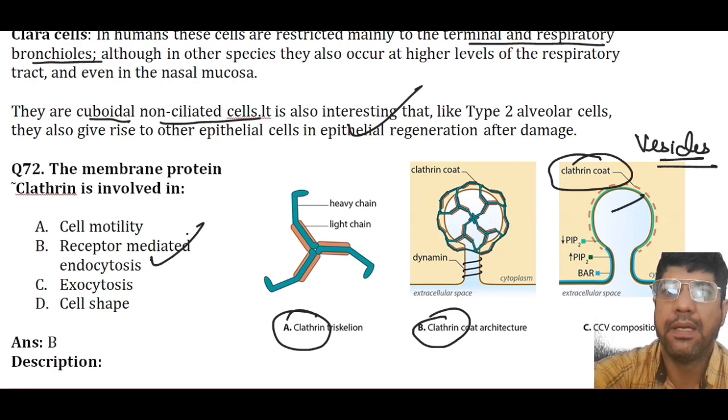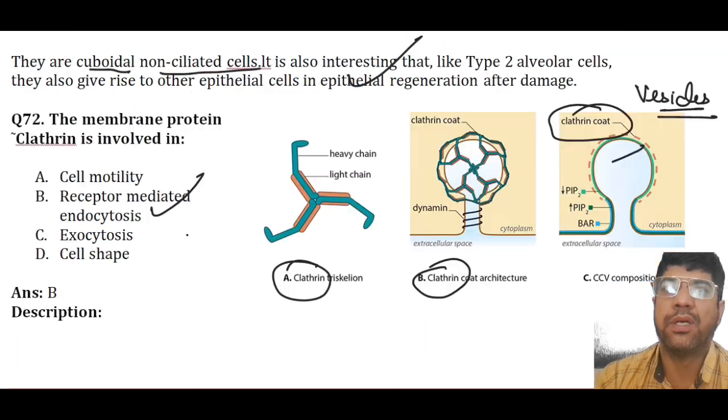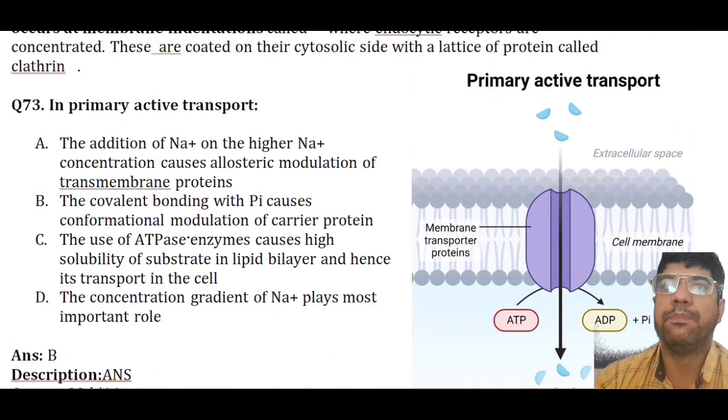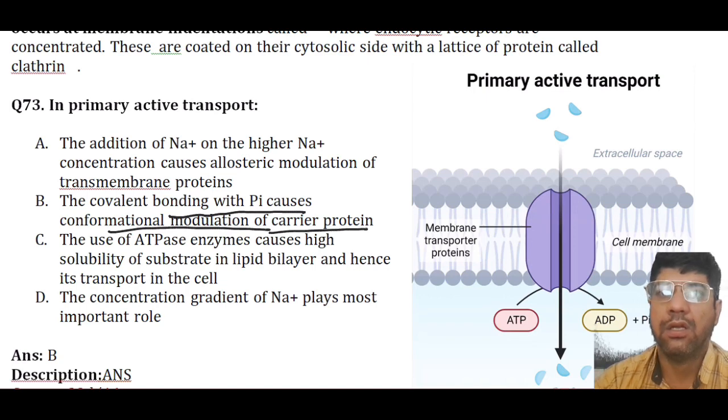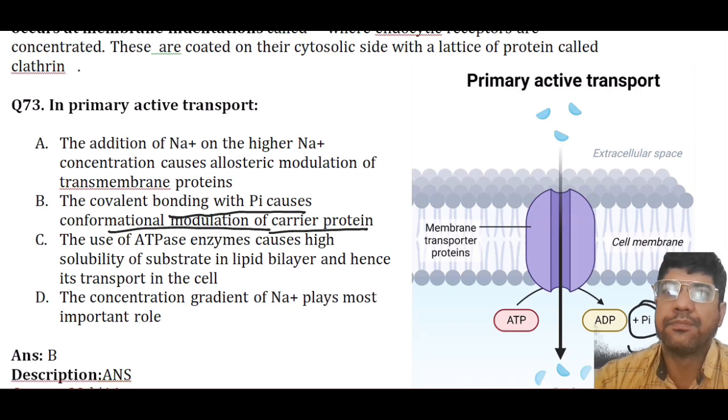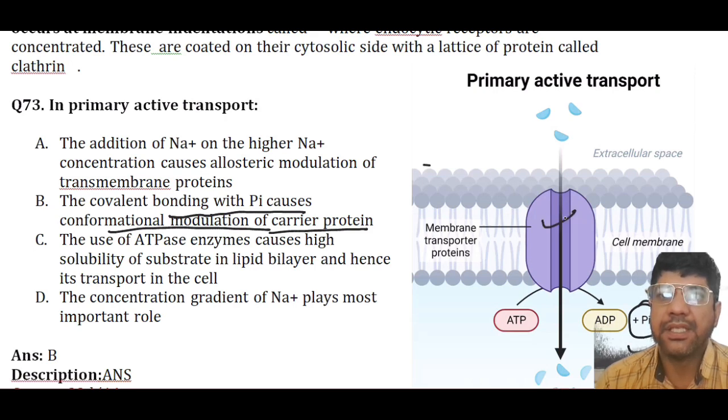In the primary active transport, the covalent bonding with Pi causes conformational modulation of the carrier protein. So primary active transport is a type of active transport in which the energy is used directly to transport the molecules across the biological membrane, typically against their concentration gradient.